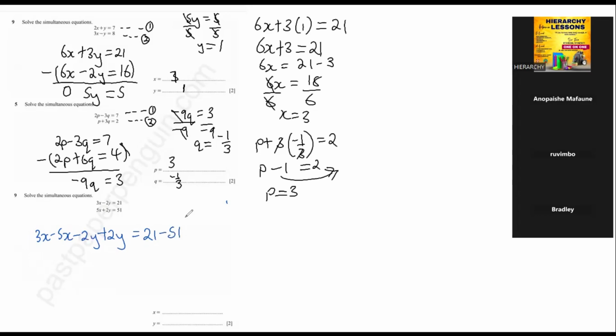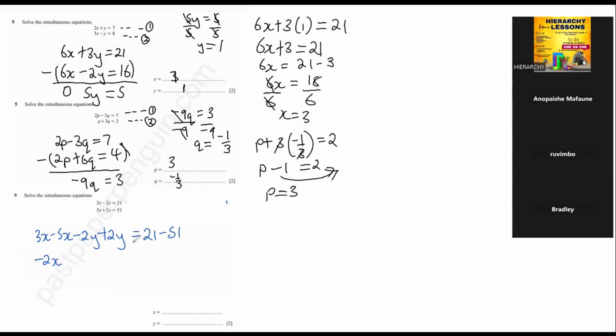And then what do we do now? 3x minus 5x is equal to minus 2x. Then minus 2y plus 2y is equal to 0.